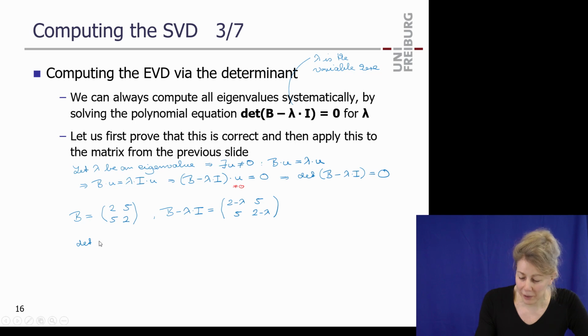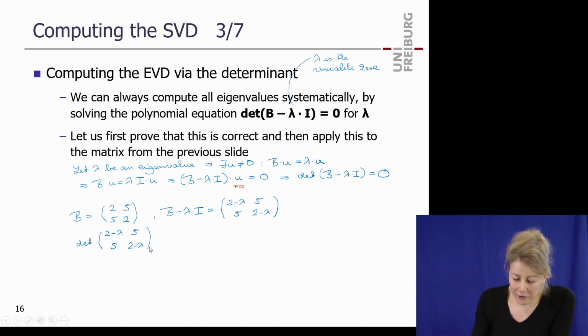The determinant of a 2 times 2 matrix is not very hard. The determinant of large matrices is no fun. But by some magic, the ones you get in the exercise sheet will also be nice. You don't have to compute ugly determinants. So what's the determinant of this one?